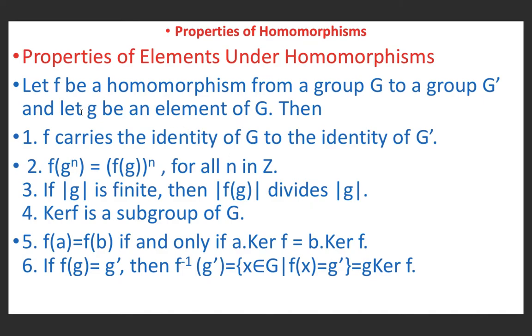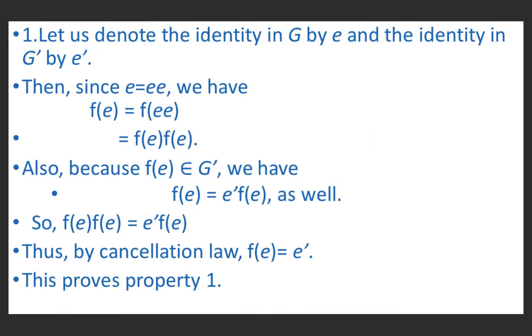First property is f carries the identity element of G to G'. Let us denote the identity element in G by e and the identity element in G' by e'. Then since e is equal to ee, we may write f(e) equal to f(ee).